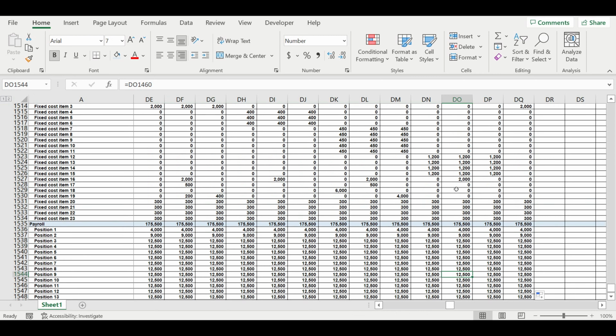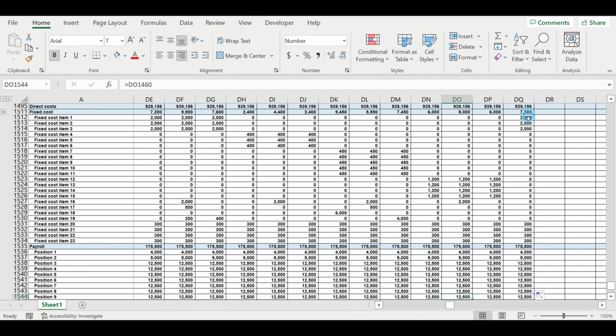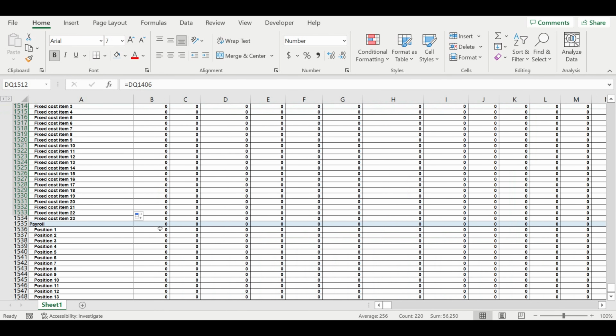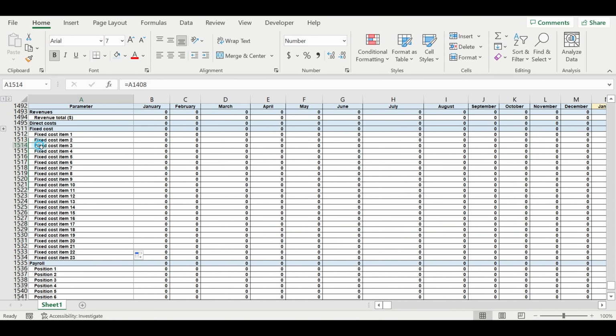So here we can see, by the way, the seasonality of fixed costs. So here we can see everything that affects our business idea, from payroll, from fixed costs, from direct expenses.